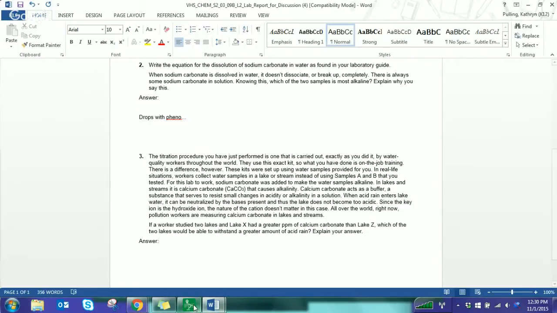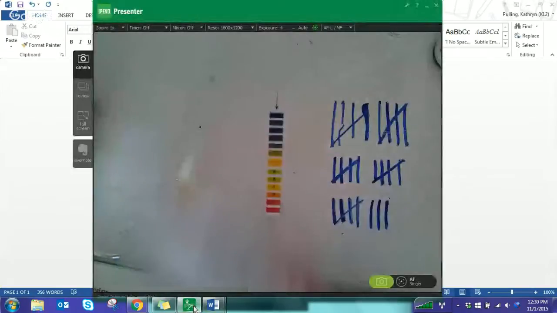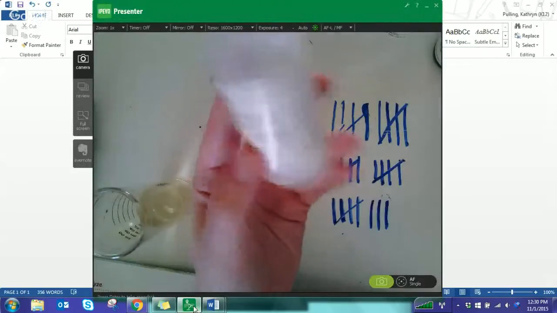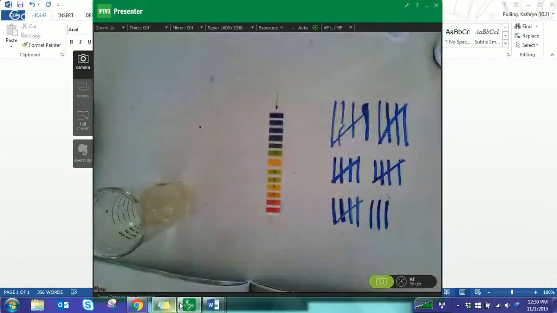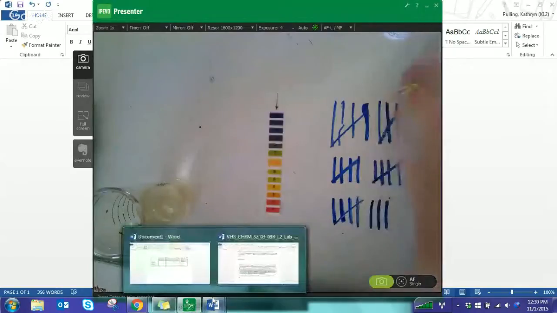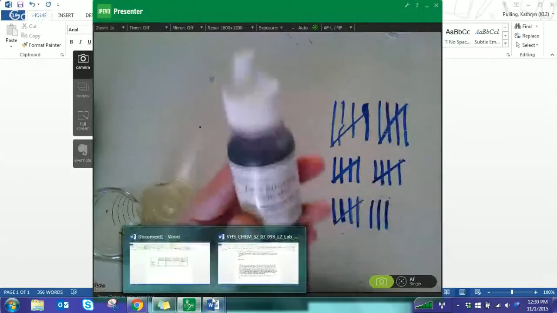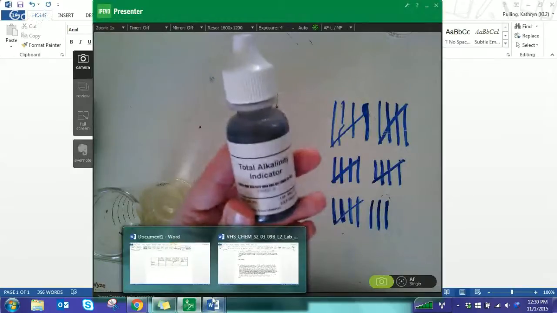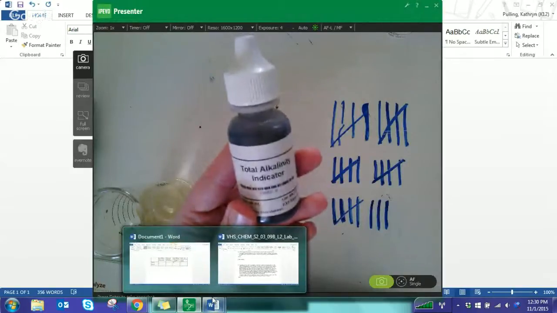To help you think about this, the acid we were dealing with is your alkalinity titrant low, all right? The indicator, so the number of drops that are going to help us, is how long it takes to switch over this total alkalinity indicator, all right?